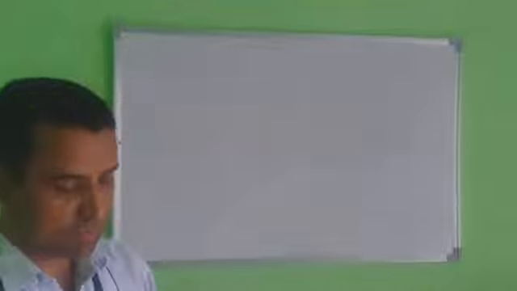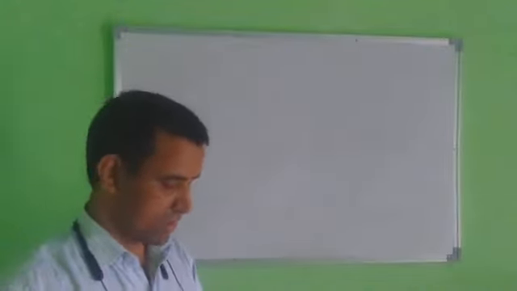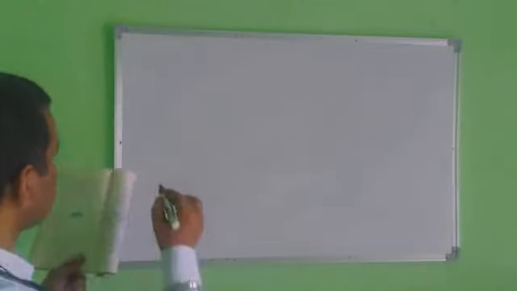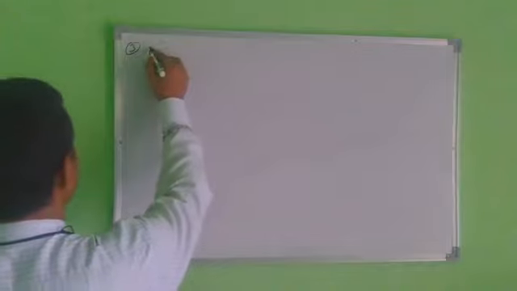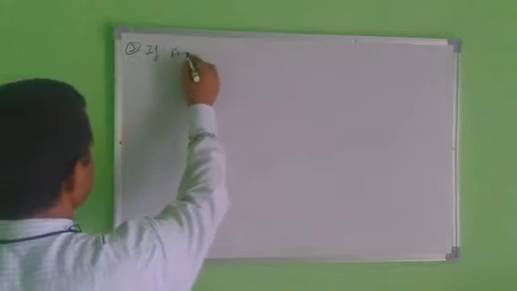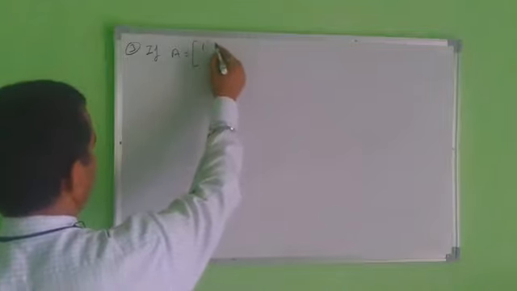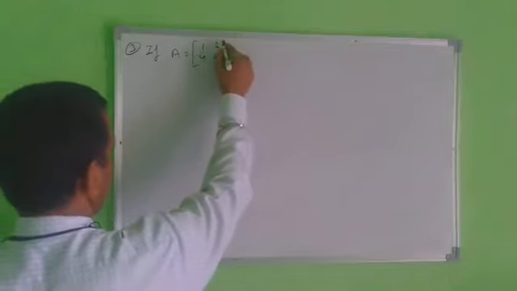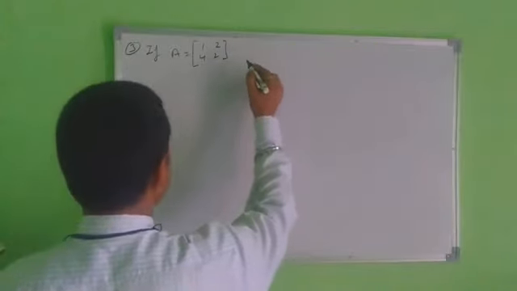Yes, students, next I am taking question number 3 here. This is a different type of question. Suppose a matrix is given in this form, a 2 by 2 order matrix: 1 2 4 2.